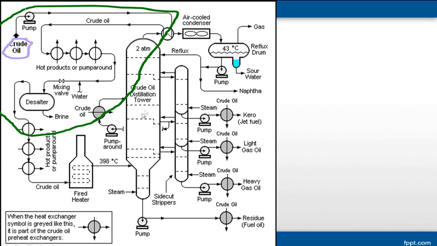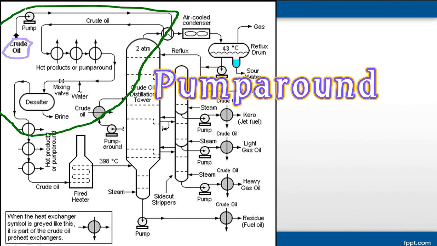oil to the distillation unit. Some heat is utilized from heat recovery, from the condenser, or even from the pump around. This is the heat exchanger getting heat from the pump around. We will talk about the pump around later in slide number 18.